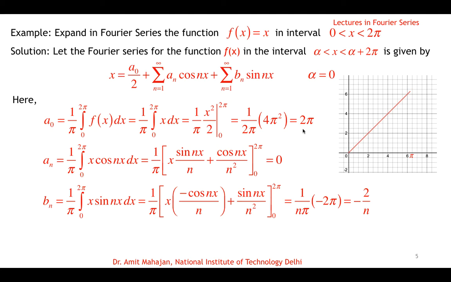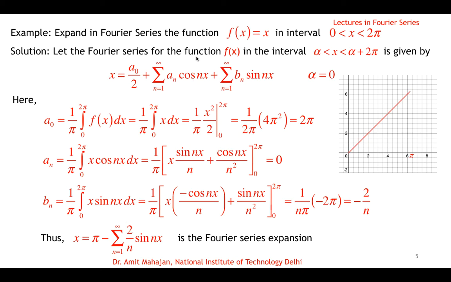Once we have a naught, a n and b n, we can substitute these three back here to write the Fourier series for x. So the Fourier series expansion of f(x), which is x, is equal to a naught by 2. So a naught is this, so a naught by 2 is simply pi, plus summation n equal to 1 to infinity of a n cos nx.